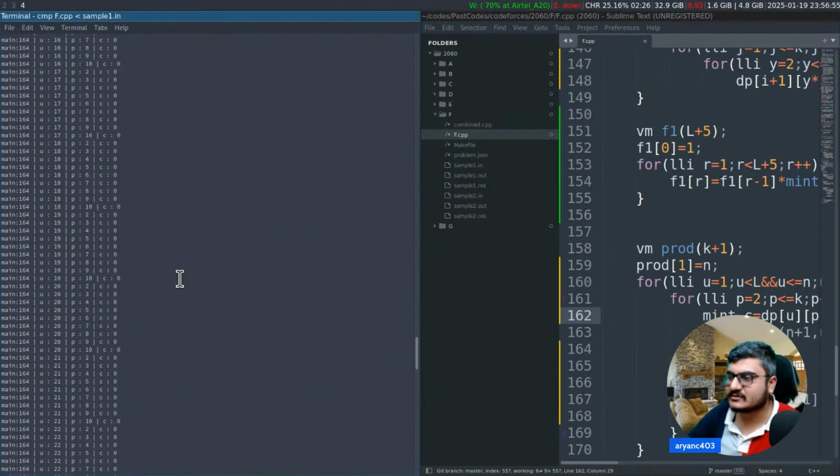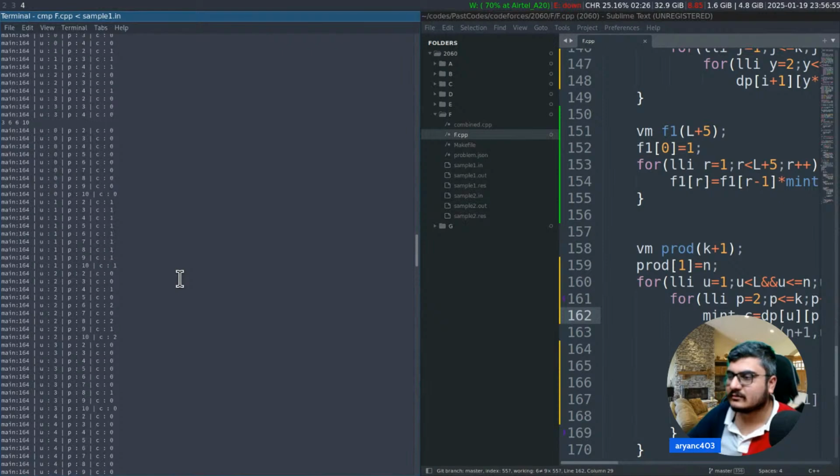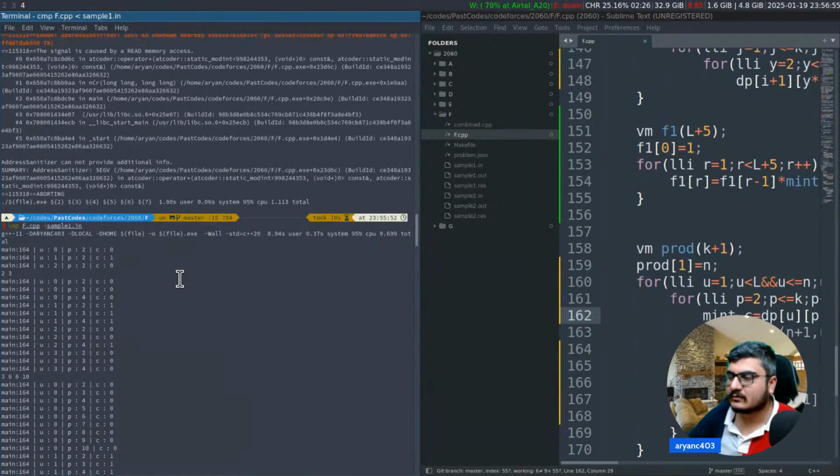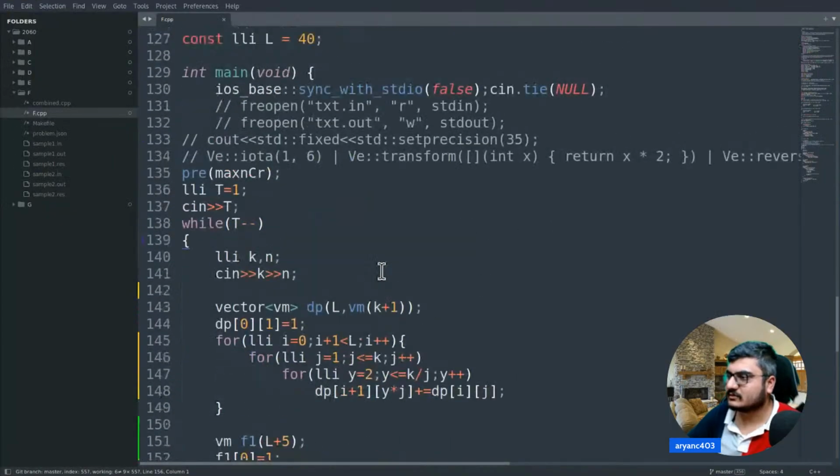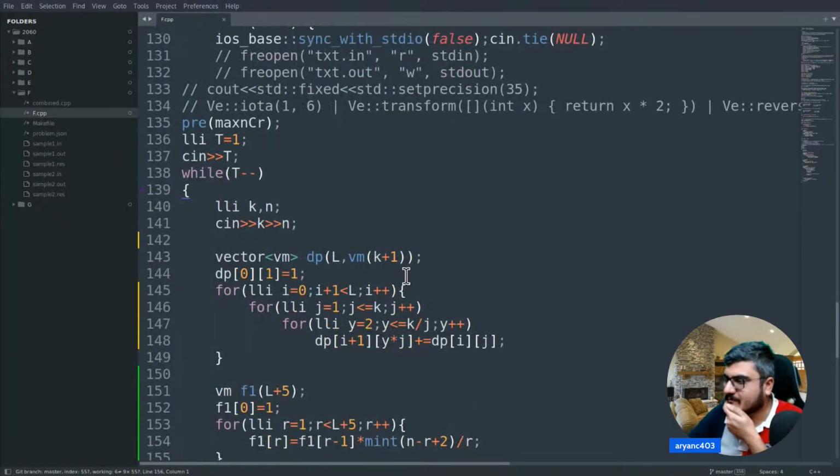Wait, C is always 0. Okay, looks like some mistake here. PP01 is 1. J is from 1 to k. I is from 0 to 1, looks fine.